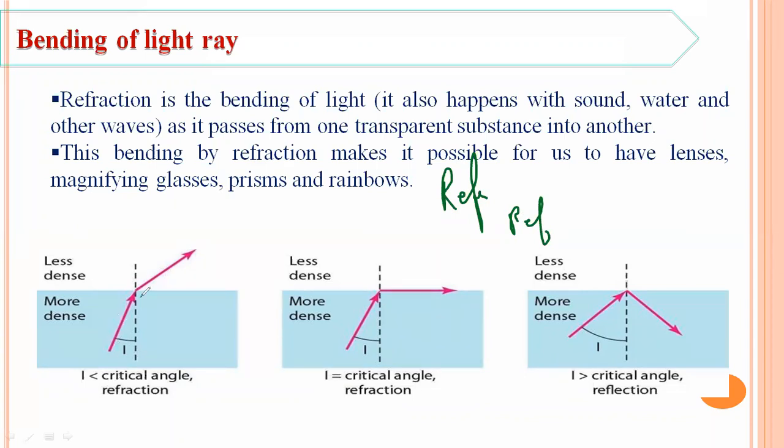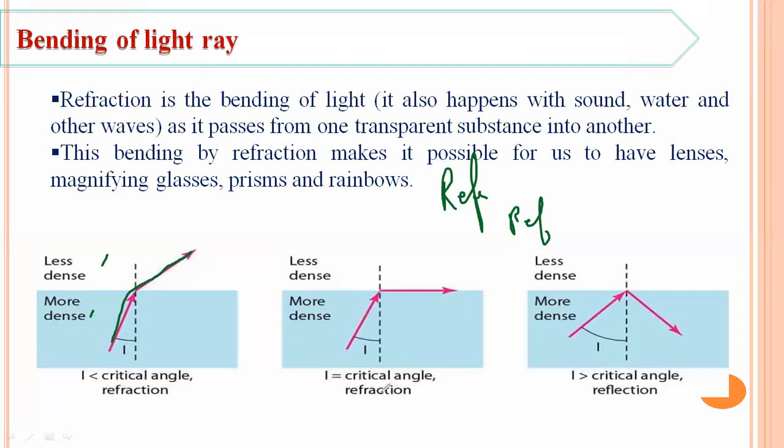Like this is the more dense medium, this is the less dense medium. When light passes from more dense to less dense, this is called refraction, and the critical angle is less than the angle I of the light with the base.